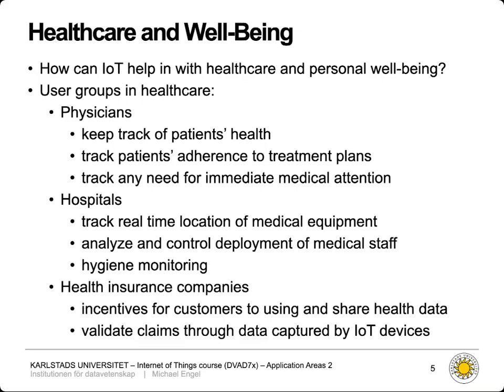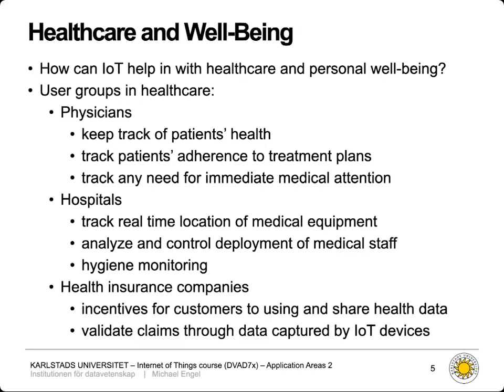Now, IoT is also of use in hospitals. So in hospitals, you often have the problem that medical equipment has to be moved around the hospital. So without any IoT or tracking support, you would probably be constantly searching for some of the equipment, especially for rare or more expensive stuff.